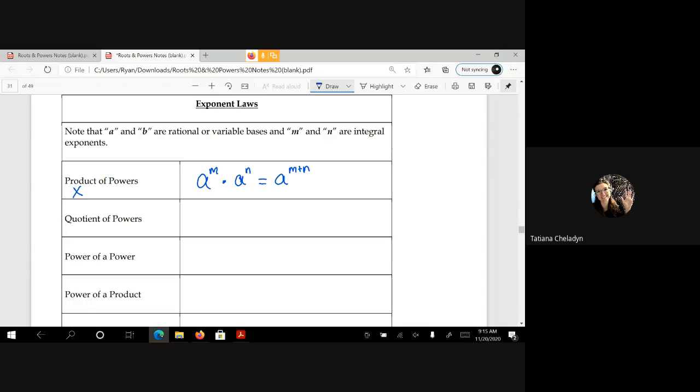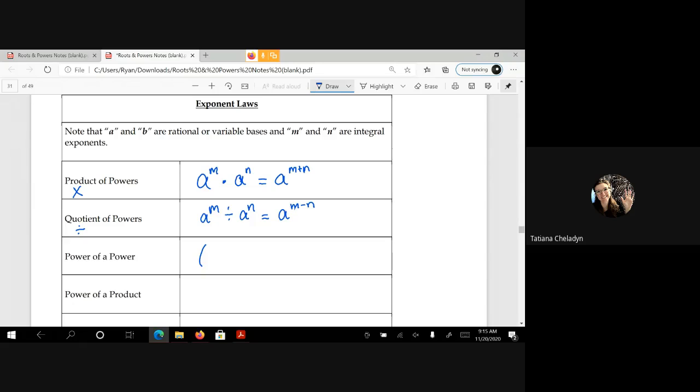Quotient of powers, so quotient means division. So if we have the same numbers, a to the m divided by a to the n, it will be the opposite. It will be a to the m minus n. All right. Then we're going to do power of a power.